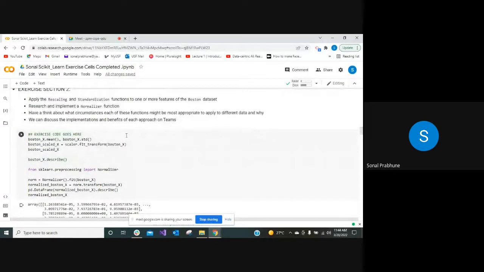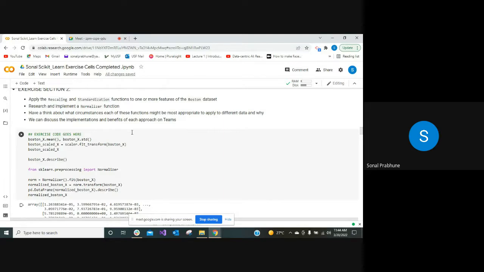So this is exercise 2 that we were supposed to complete, and it's mainly about standardization and normalizer. I searched a little bit about the difference between standardization and normalization. What I found is that normalization is applied across rows, whereas standardization is applied across columns.